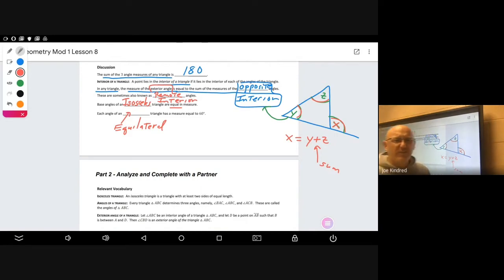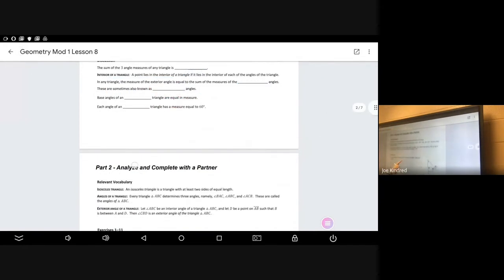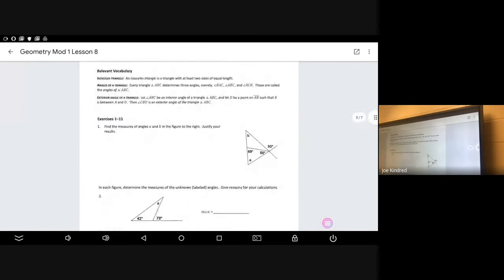So those are things that we should probably know. We just reviewed the isosceles triangle, angles in a triangle, as well as exterior angles of a triangle. So there are some key words for this lesson. Let's now see if we can use that in looking at example number 1.